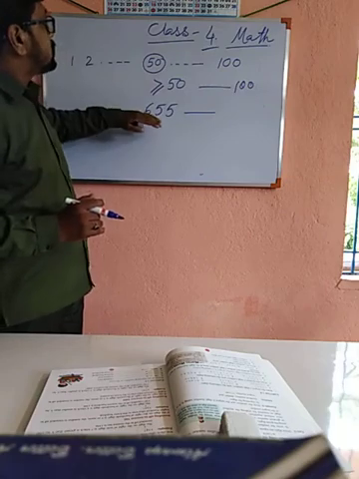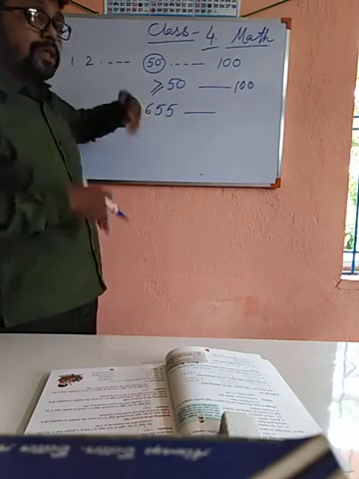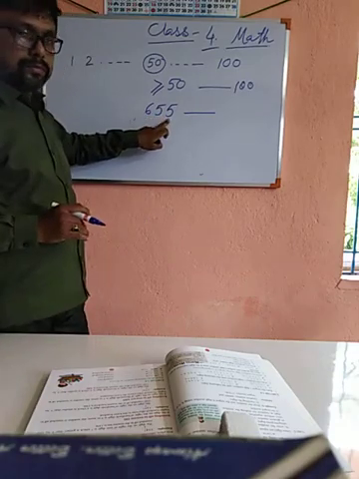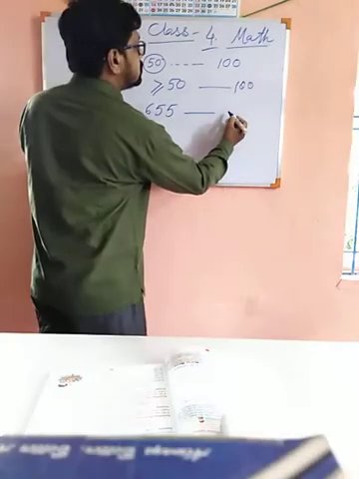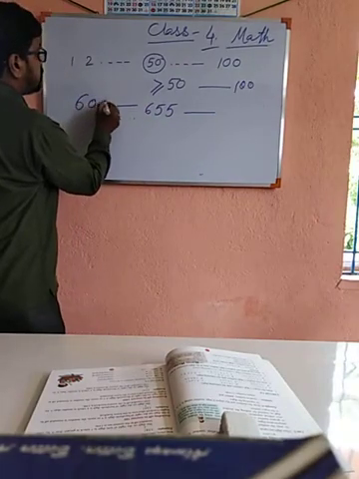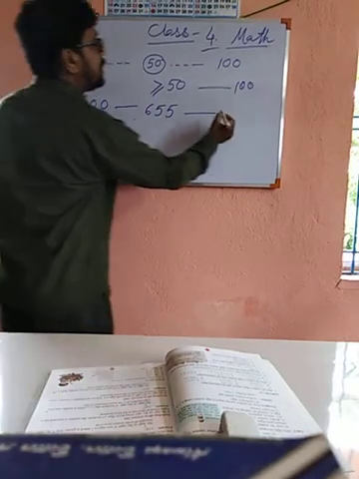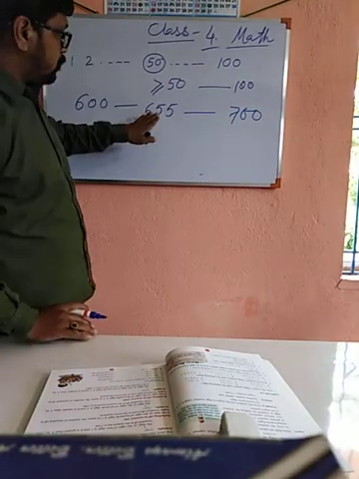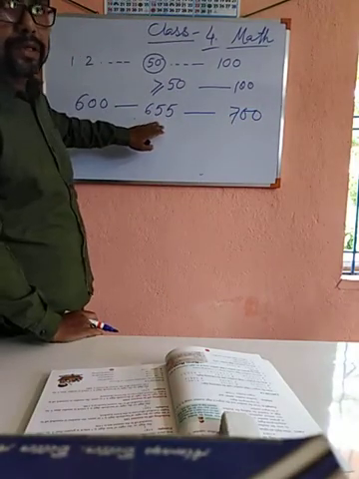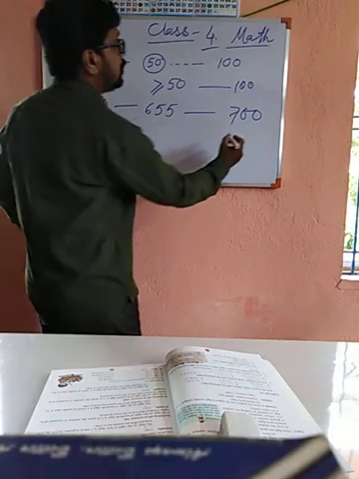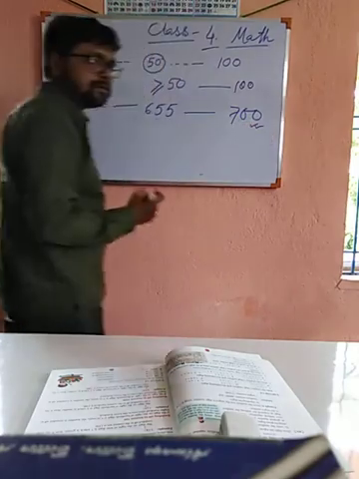Sorry, 600 is more than 500. 655 is nearest to 600, or nearest to 700. Now as it is more than 650, it will be 700.